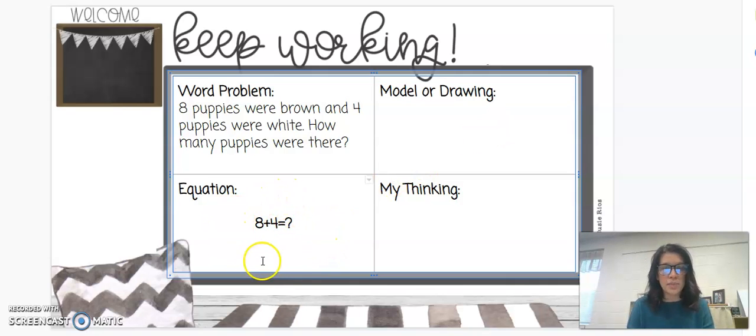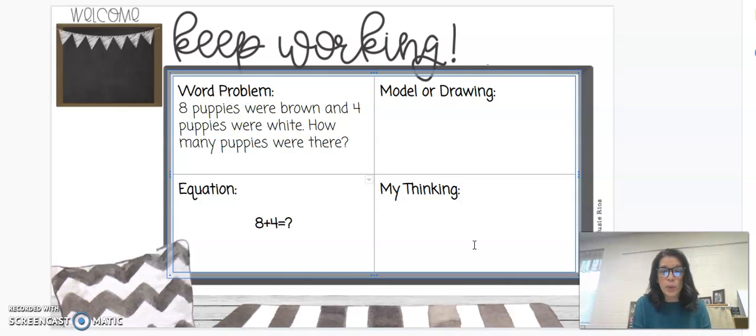Then we put our numbers together to make an equation or a number sentence. And then the most important part on the graphic organizer is the My Thinking. And this is where you get to tell us how you solved the problem and what was going on in that big old brain of yours.